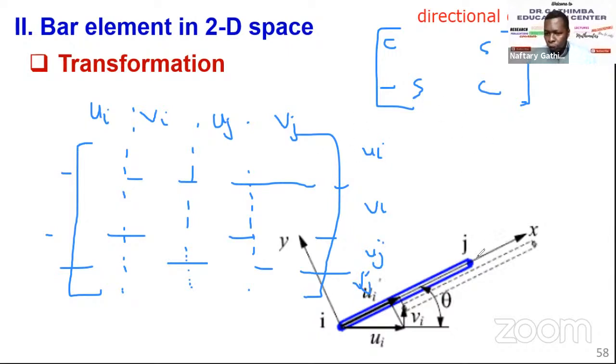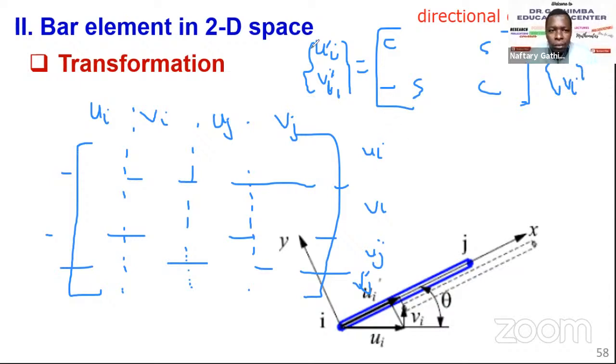And for the two nodes, remember the node one, the one that we just derived was node I, and we found that U prime I, V prime J. Or even without repeating this, I can just come here and write U prime I, V prime I is equal to this, and then we have UI, VI.